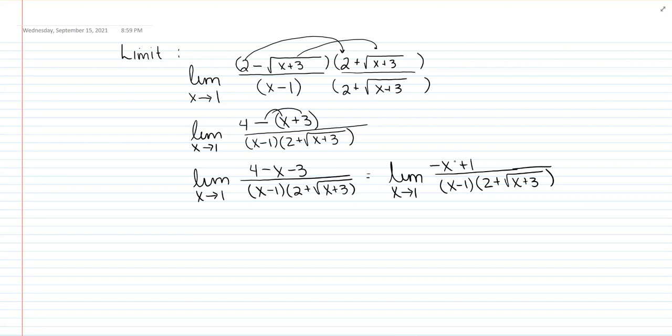Now as this stands, you can't cancel, but it looks like if I factor out the negative 1 out of the top, I am going to be able to cancel. So factor out a negative 1, because we don't usually like to have a negative in front of our lead term anyway. So it's going to be x minus 1. Distribute it back through. Make sure you get negative x plus 1. This works out good, though, because now it will cancel with my x minus 1 on the bottom.